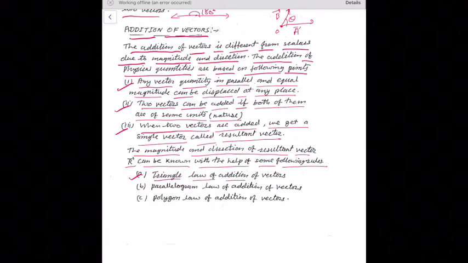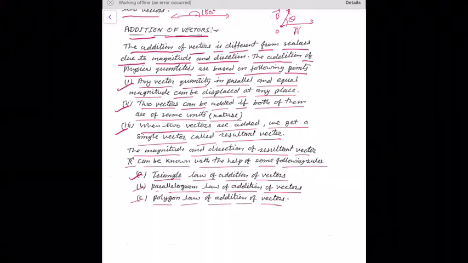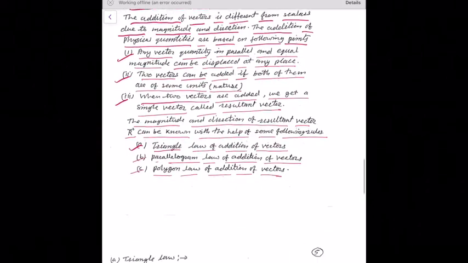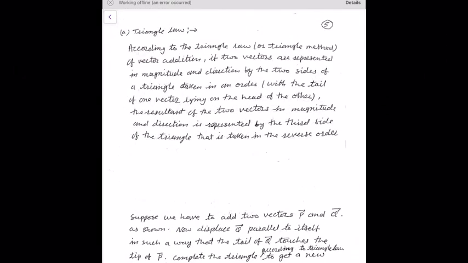A. Triangle law of addition of vectors. B. Parallelogram law of addition of vectors. C. Polygon law of addition of vectors. So first, A. Triangle law.